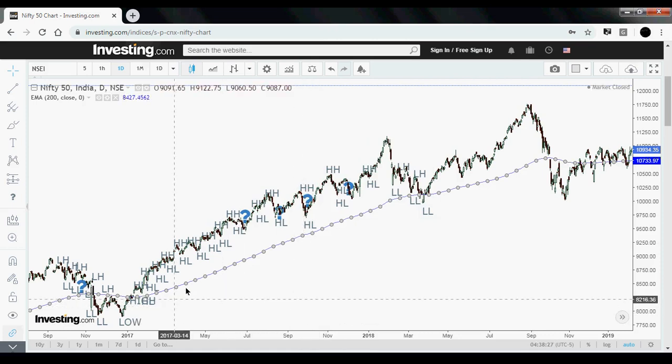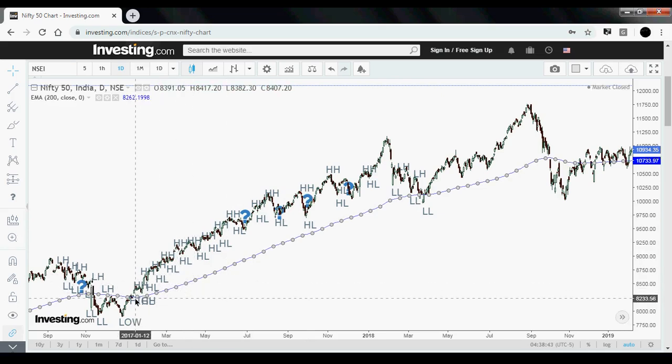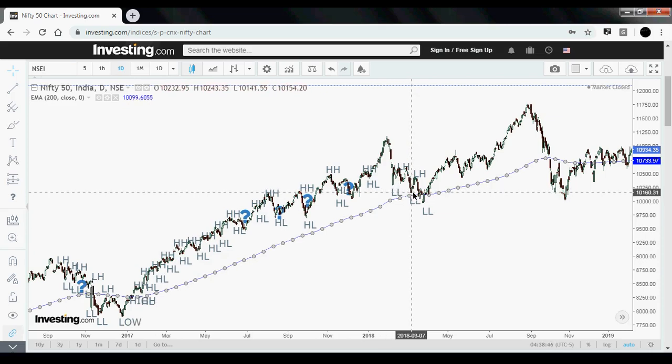If you see here, this 200 period moving average was below price, so price was above the 200 period moving average, and we are making higher highs, higher lows. Some are complex, but basically the market was in a simple long term uptrend, because the 200 period moving average was below the price. Here we had one close or two closes below, and again we went above it, and this is how we identify the long term trend.